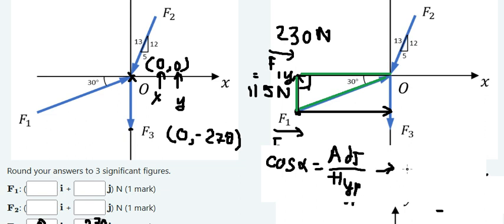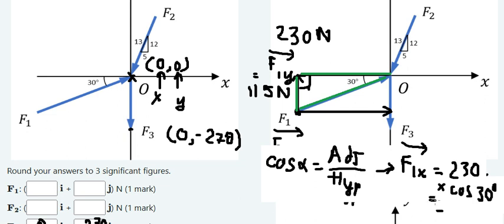So we have adjacent that is about F1x. So this one that is about 230 Newton multiplied by cosine 30 degrees. So this one we calculate, and that is about 115 with the square root of number 3.